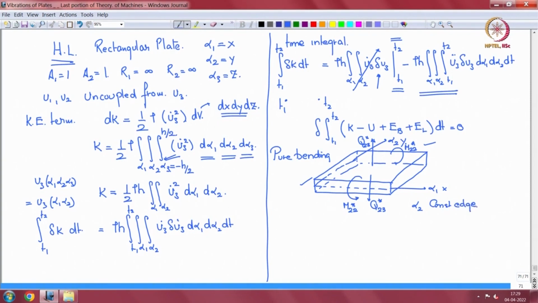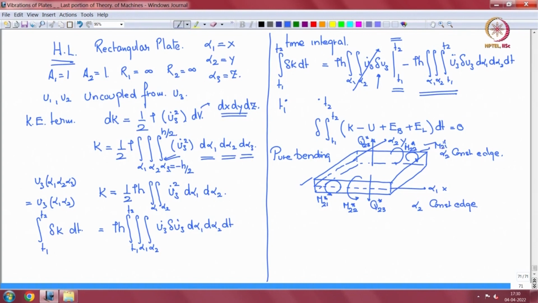This is an alpha 2 constant edge, that is an alpha 2 constant edge. And lastly, we can have a shear related moment, which will be in the plane of this surface like this, M21 star and an M21 star here also.